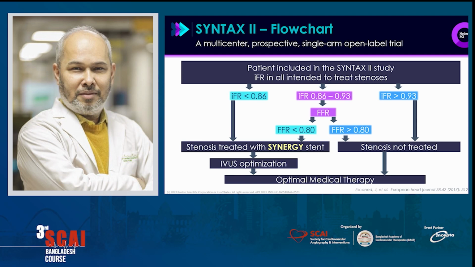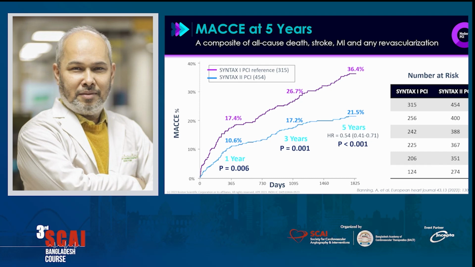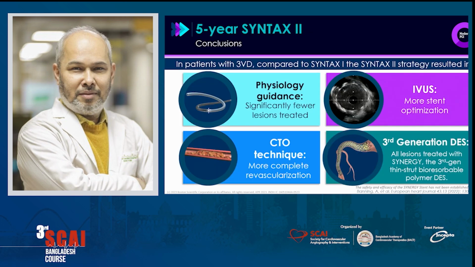This is the SYNTAX II trial flow chart, and they observed at 5 years consistently and persistently better outcome in the optimization group than the non-optimization group. Their clear-cut conclusion from the SYNTAX II trial at 5 years: physiology-guided PCI may help you reduce the number of stents, and I will give you more insight for stent optimization for better outcome.